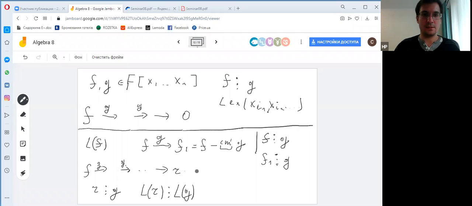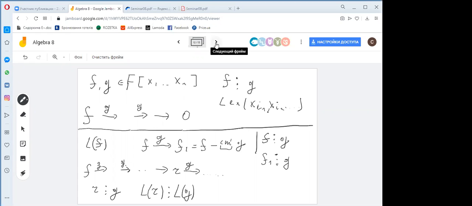So this is not a remainder. I can proceed with this and obtain some other remainder. So if I have a remainder which is divisible by g, the only possibility is for it to be 0, because if it is not equal to 0, I can reduce it one more time. Is it clear?